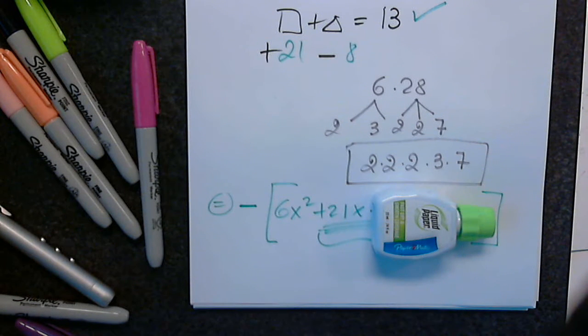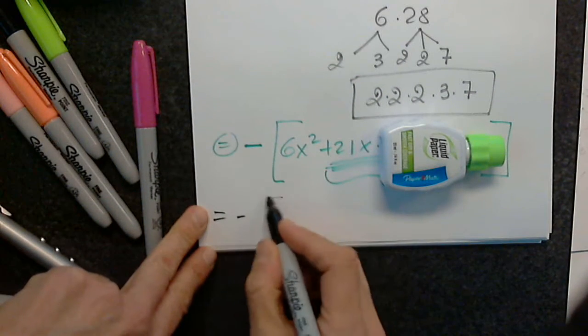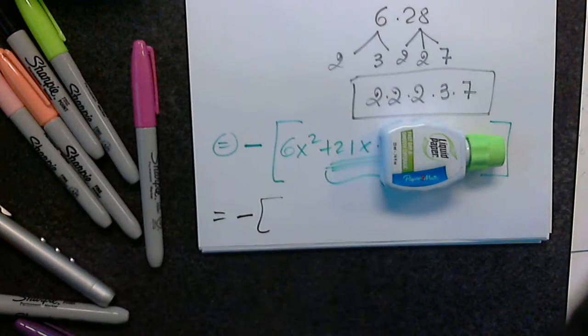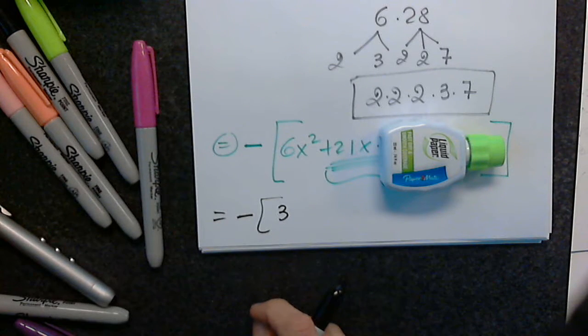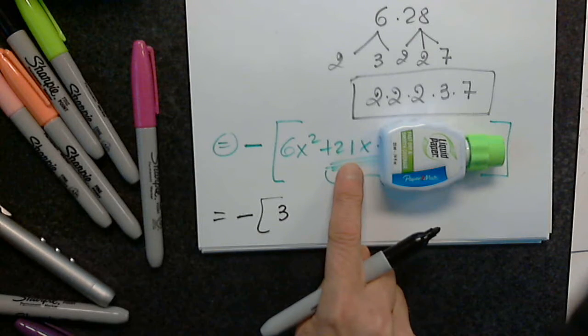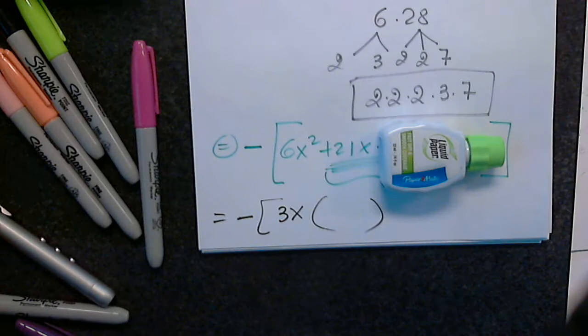Now I'm going to look at the first two terms, completely disregard the last two for a moment, and say I know what to pull out from these two. 3 times 21 is not divisible by 2. 3x. Very good. Now please tell me what is left in parentheses.